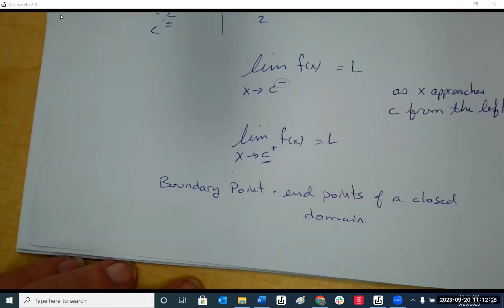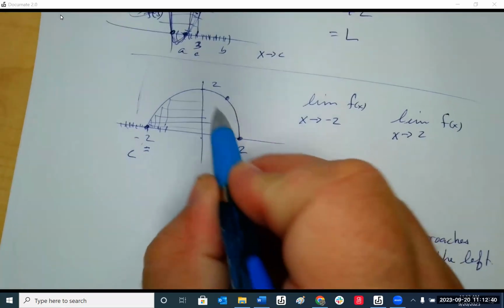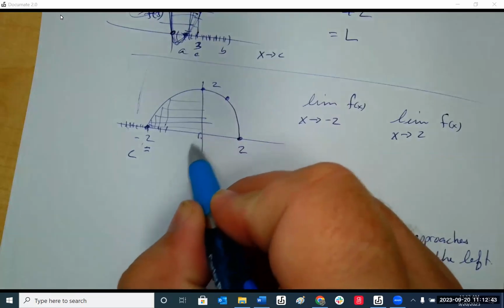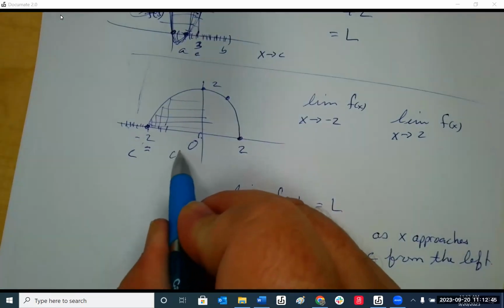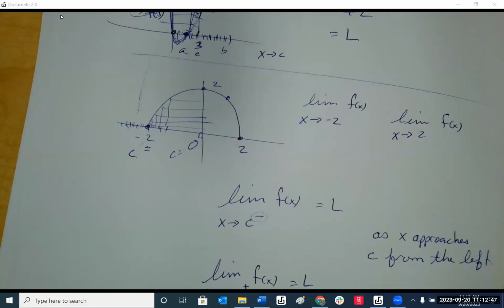What C's do we use? Because we can use any C we want to. And if we use the C here or here, if we put 0 as our C, is that going to give us anything special? No.